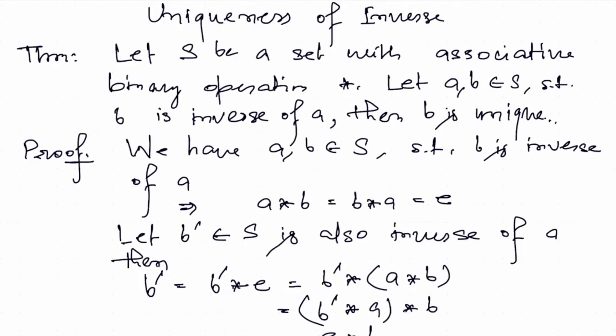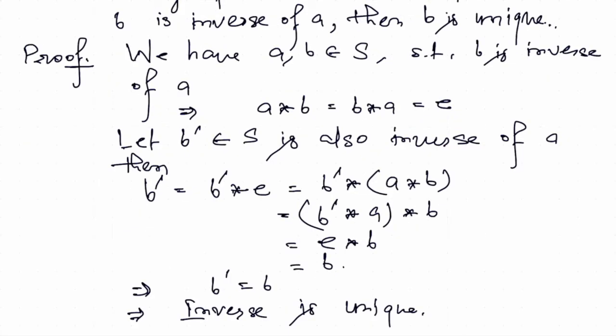Now we will show that inverse is unique in case of associative binary operation. So suppose you have an associative binary operation star on set S and let A, B belong to S such that B is inverse of A, then B is unique. Again, this is a uniqueness proof.